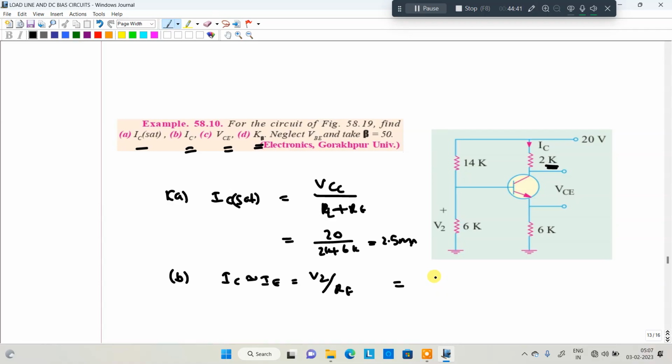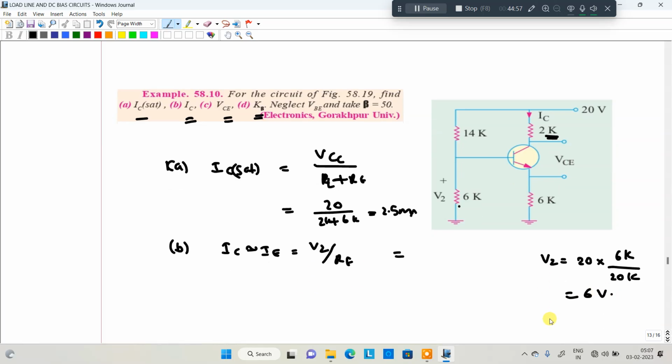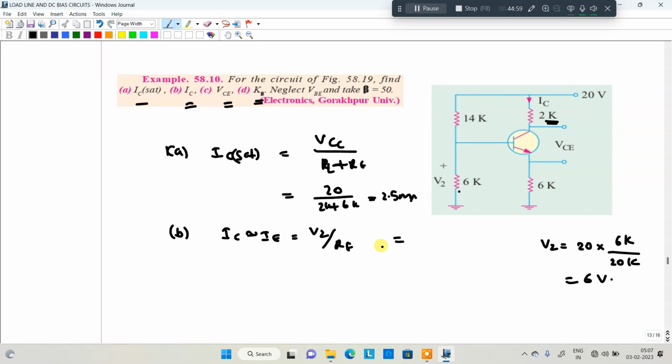V2 is equal to Thevenin's voltage, total VCC into R2, that is 6k, divided by total resistance 6k plus 14k, that will be equivalent to 6 volt, that is V2, using the voltage divider concept. So I will use it directly: 6 divided by RE, which is 6k, that will be equivalent to 1 milliampere.